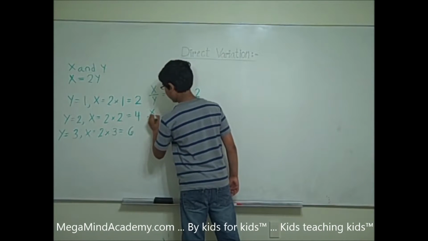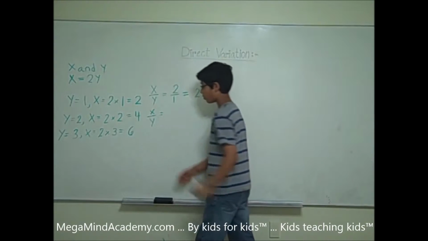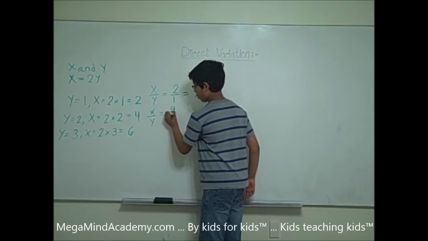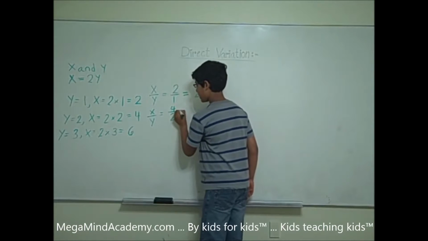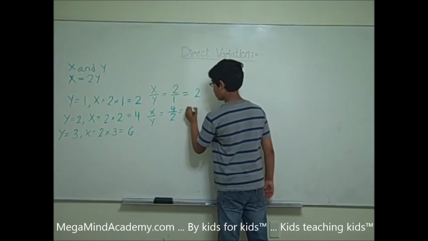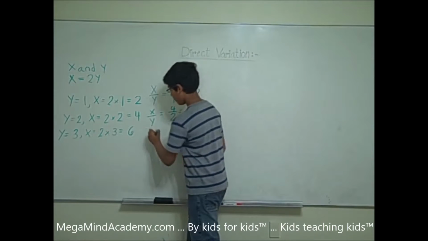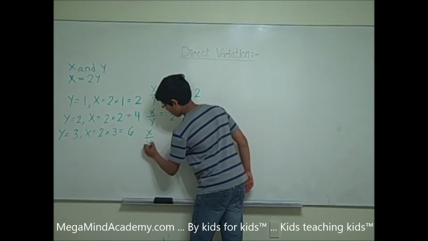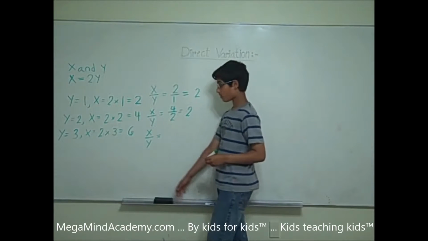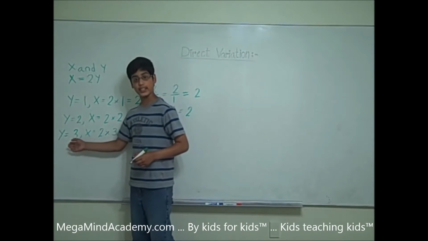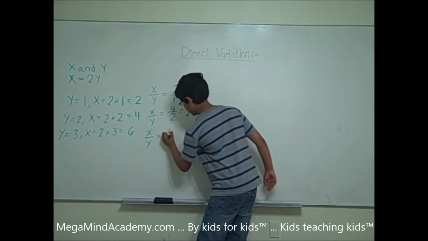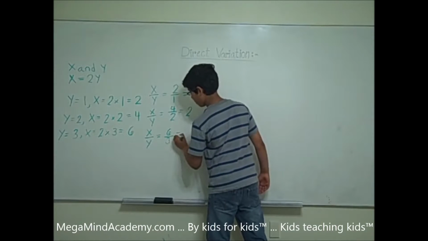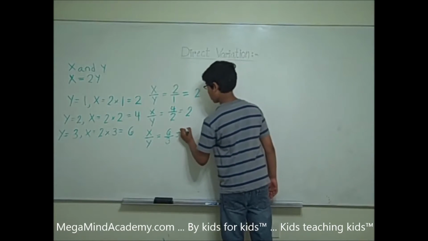X over Y is equal to 4 over 2, which is equal to 2. X over Y is equal to 6 over 3, which is equal to 2.